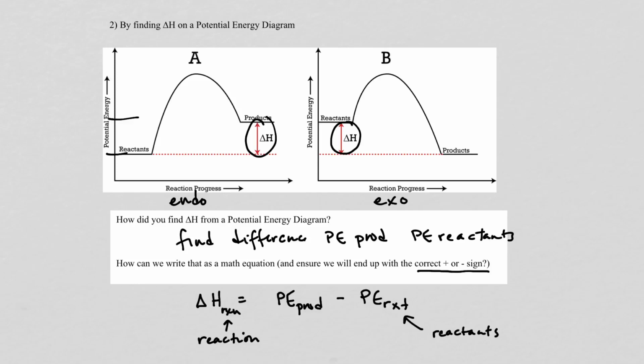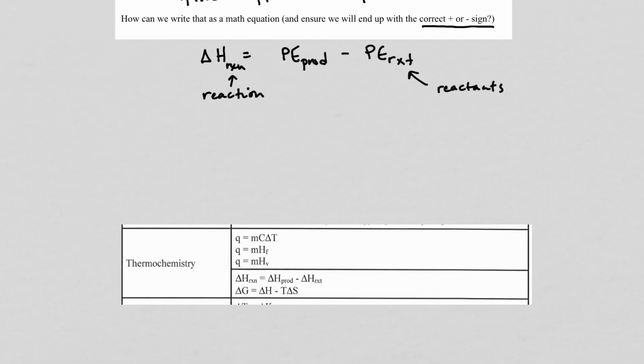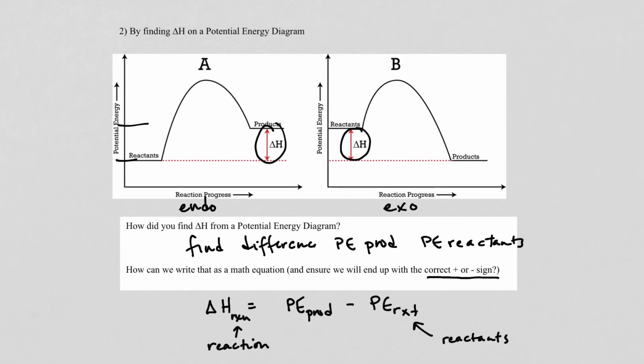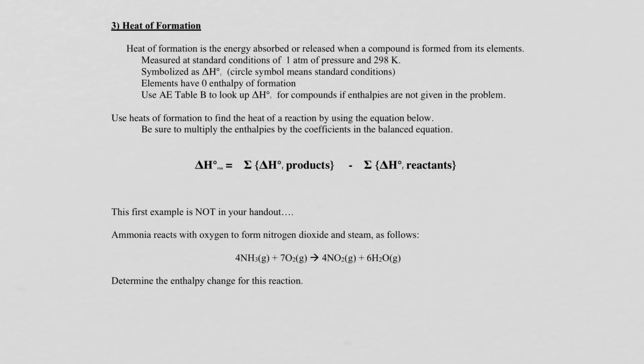Now don't fret, this equation can be found on reference table T, in the thermochemistry section. It is written like this. So the enthalpy of the reaction is equal to the enthalpy, or the potential energy, of the products, minus the potential energy or the enthalpy of the reactants. So that equation is there for you to not have to memorize it. That's pretty cool.